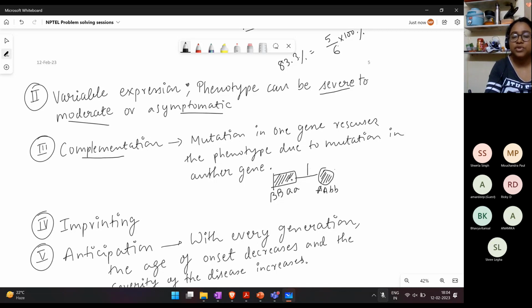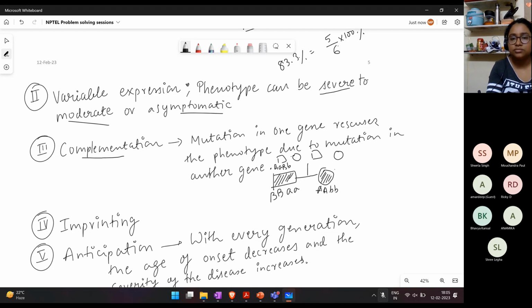For him, the other gene A is normal. So when these two people have children, say one son, one daughter, all of them are normal. Why? When you draw a Punnett square, you can see that there can be genotypes like capital A, small a, capital B, small b.